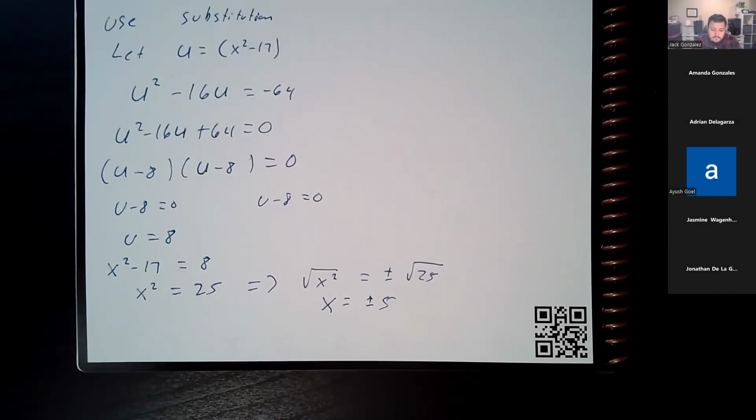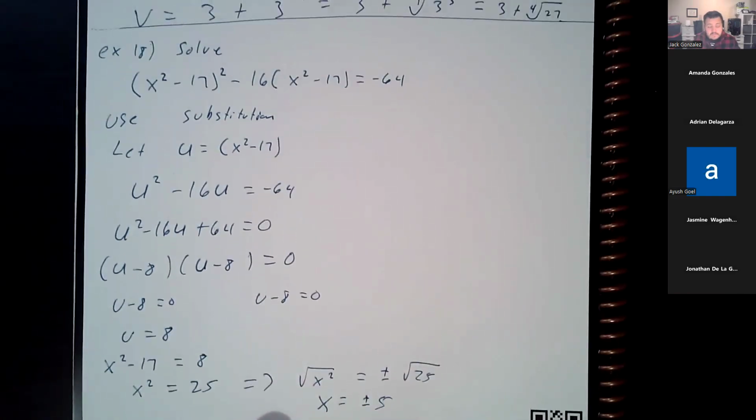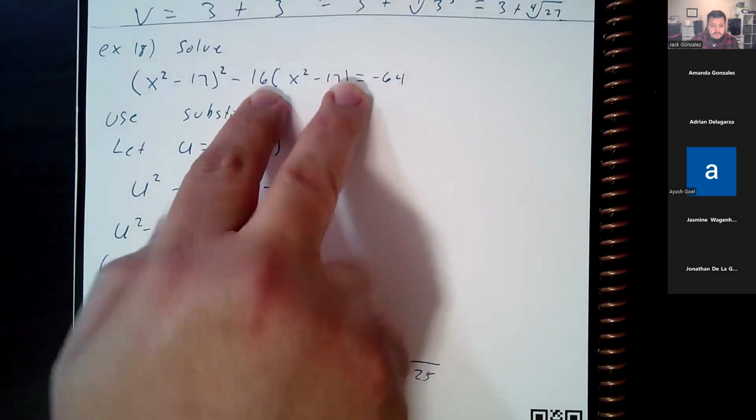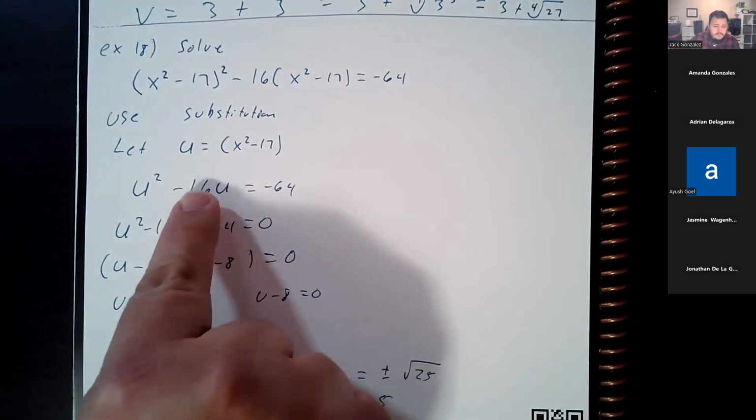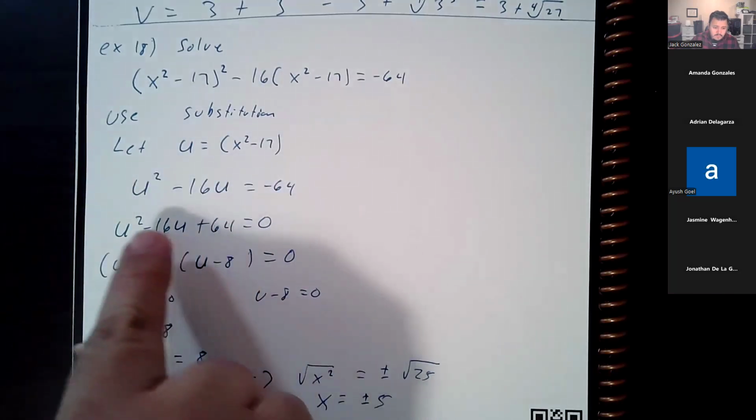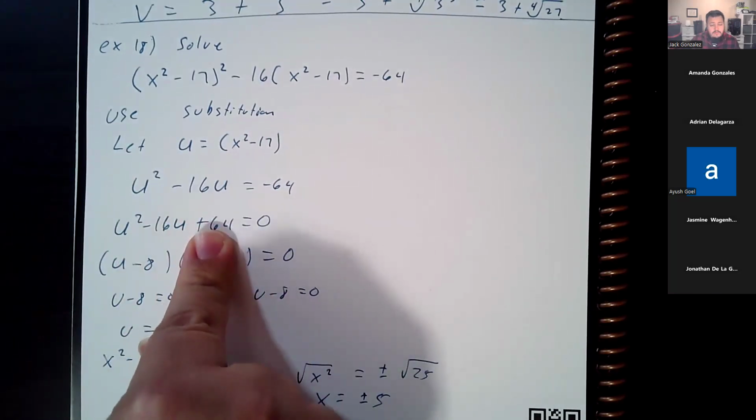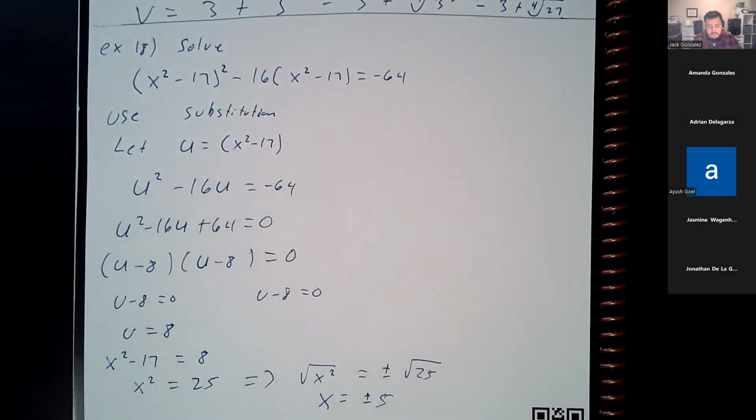Did we just do one step at a time? Like we broke it up into two pieces? Well, we basically changed the question using substitution to make it easier. So look at the first part. Because this looks crazy, right? It's like, I don't know how to do this. But if I change it to a substitution using a U, I do know how to do this, right? It's just a factoring problem. Do you see why we did that?